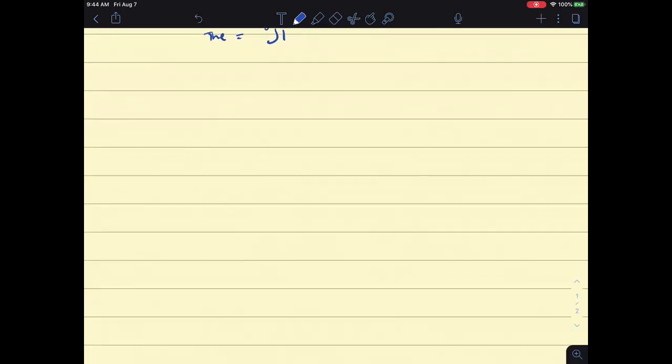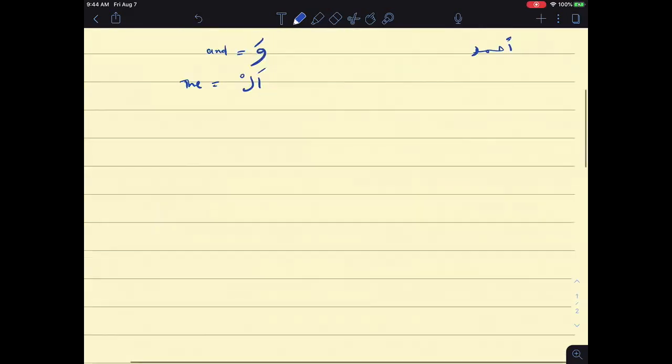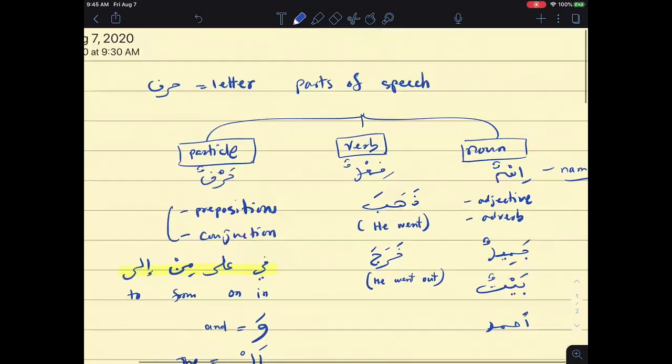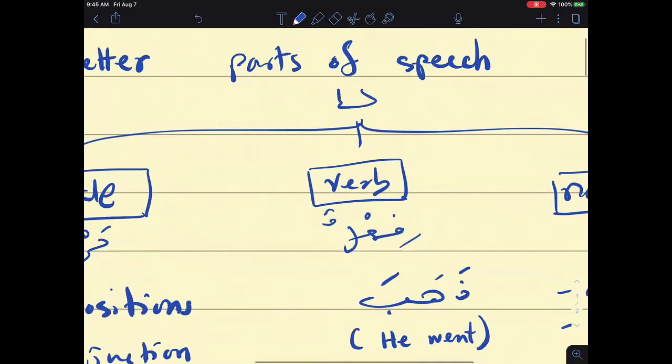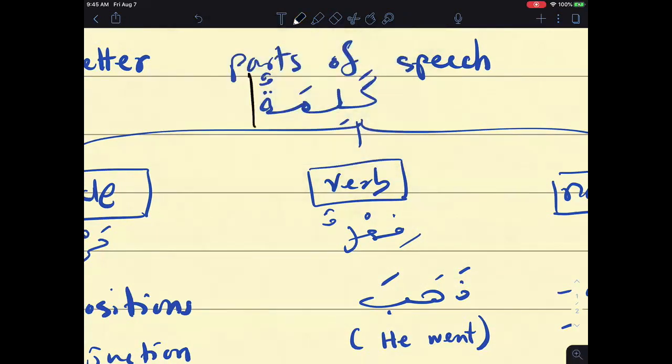Now, one thing we learned from the beginning is our topic here. In Arabic, instead of saying parts of speech, they will say kalima, kalimatun. What is kalima? You guys should know that.